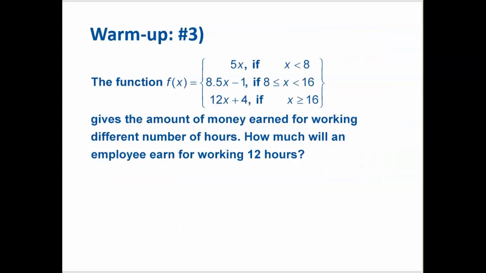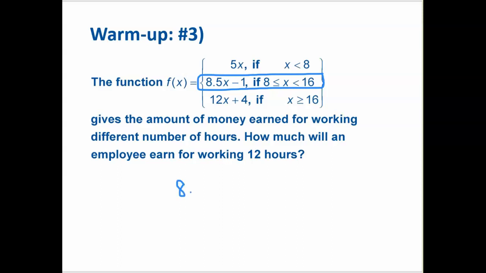And in number 3, it is a piecewise function. It says give the amount of money earned for working different numbers of hours. How much will an employee earn for working 12 hours? So 12 hours lives between 8 and 16, so you're going to plug into that middle function.